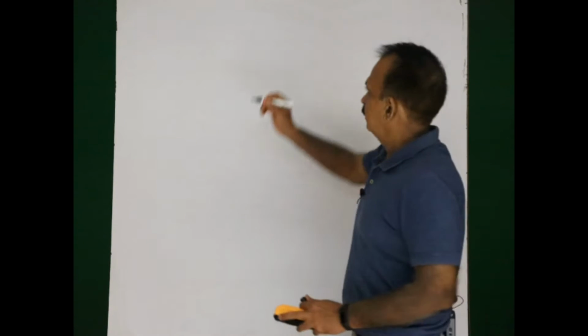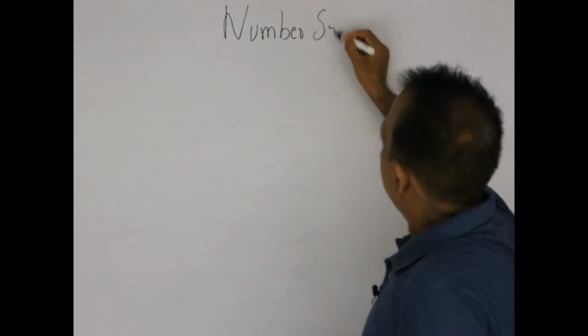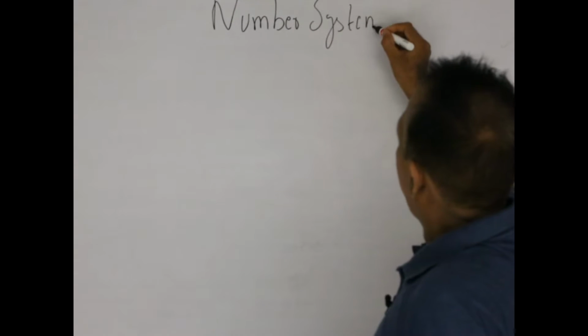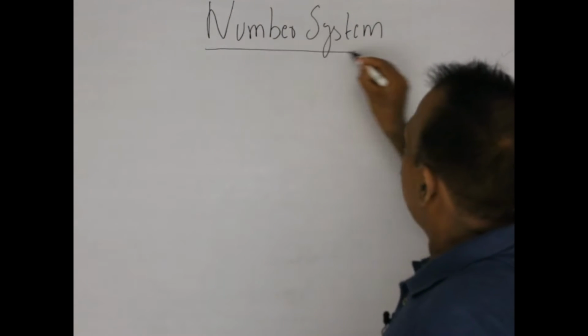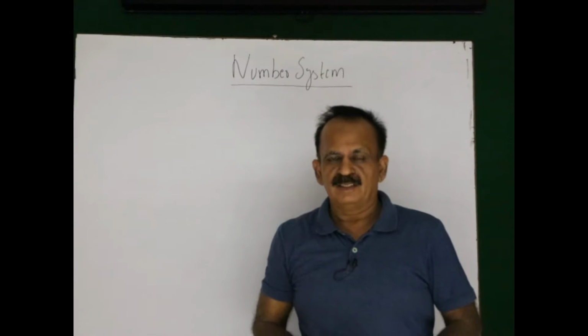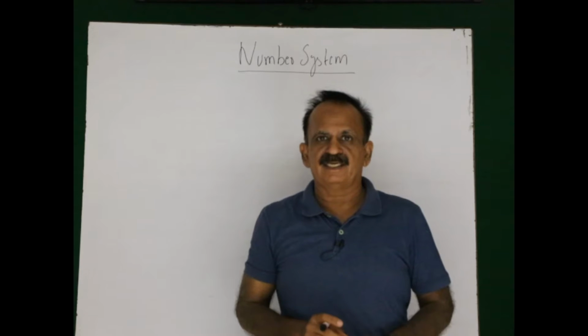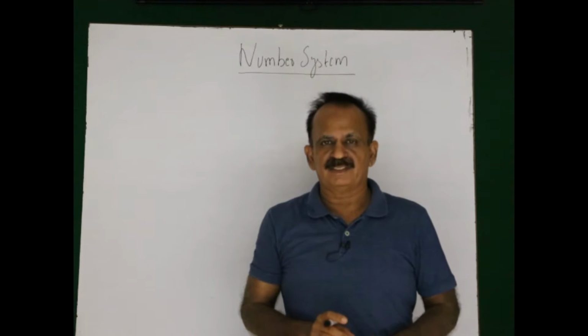To start with, what basically a number system is? Number system is a set of digits and symbols which are used for counting and calculations. The positional number system has a typical characteristic, and that is called the base of the number system.